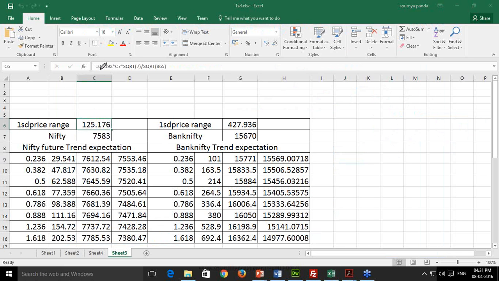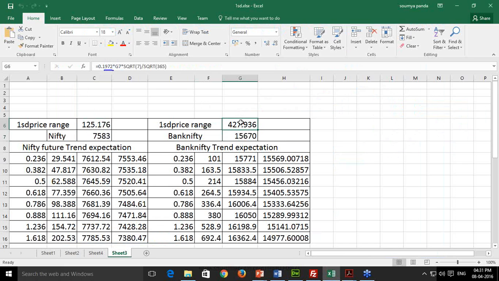The real time estimate of volatility of Nifty future is 11.92%, and the real time estimate of volatility for Bank Nifty future is 19.72.